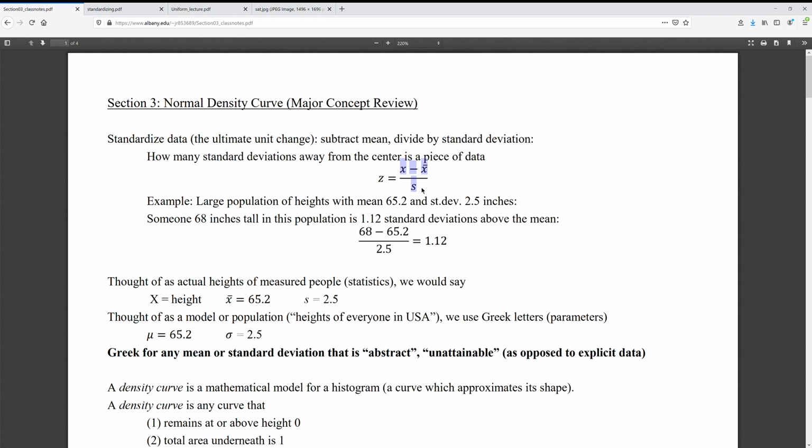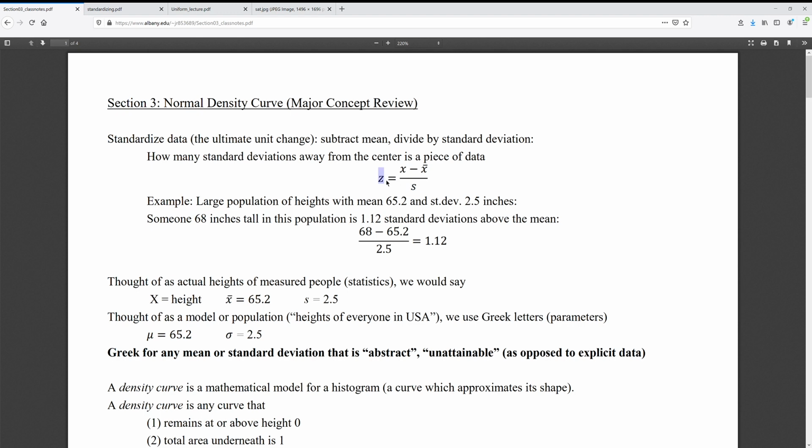Regardless of how you go back and change that data, remeasure it, you're still going to get the same Z in the end. So that's one reason it's the ultimate unit change. Yes, it's a unit change like any other. We're subtracting to recenter, and we're dividing, which is just a form of multiplication, to change the size of the units. But in the end, we arrive at the same Z regardless of how we measured things in the first place.